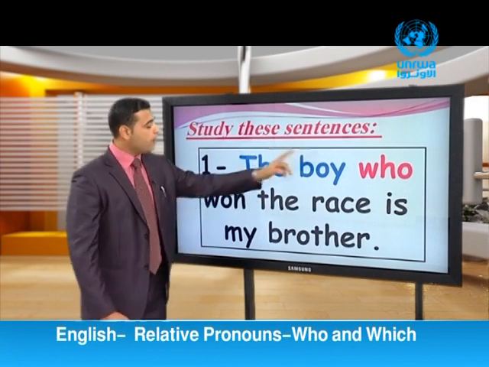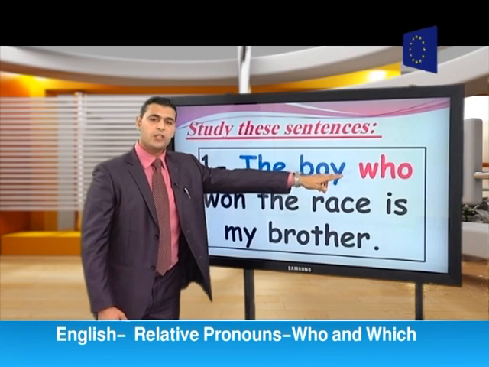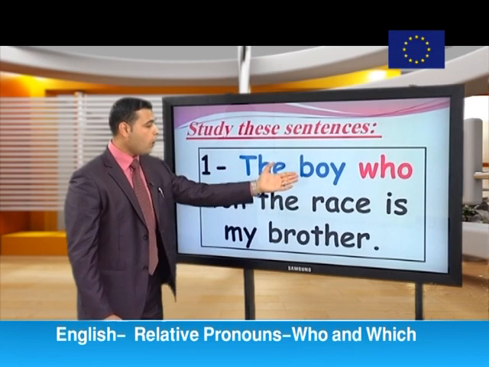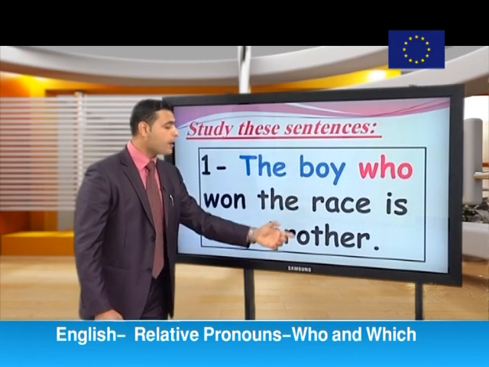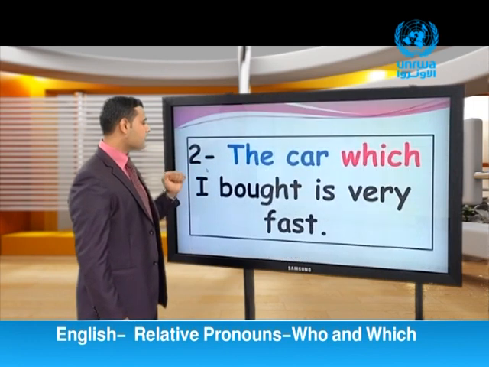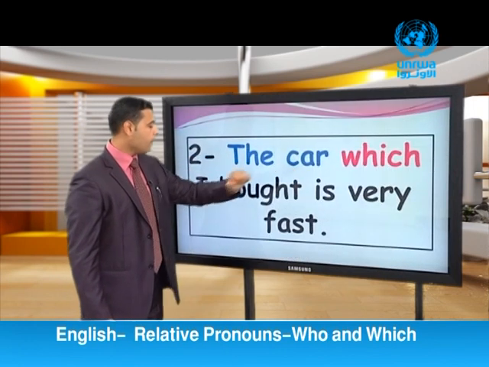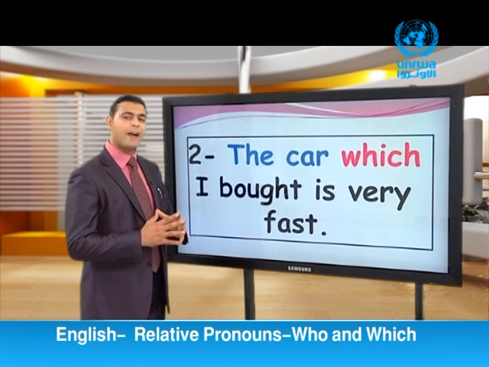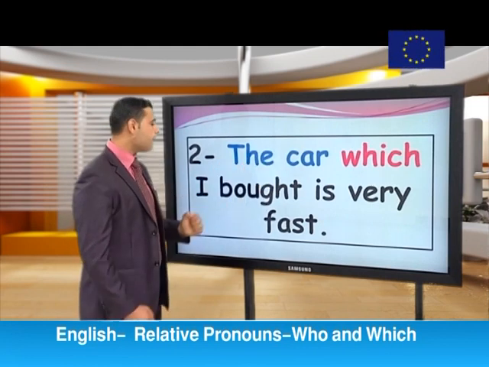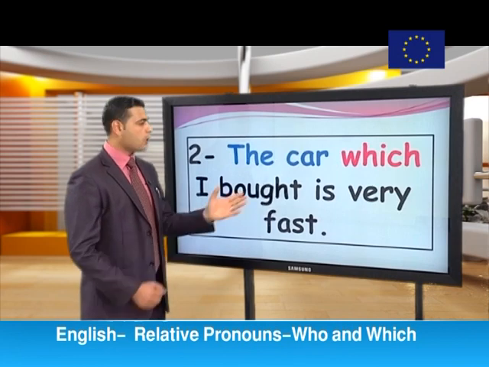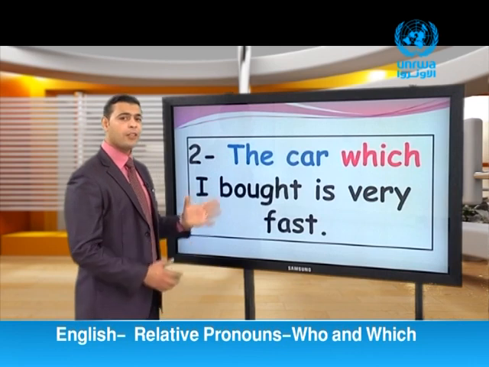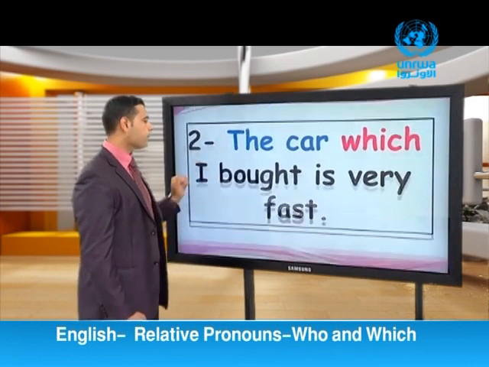Look here, the relative pronoun who is used to describe the boy. Sentence number two, the car which I bought is very fast. Here, look at the relative pronoun which. It's used to add more information about the car that I bought.